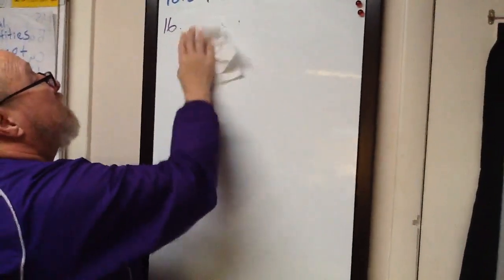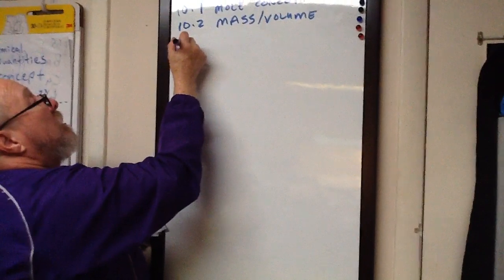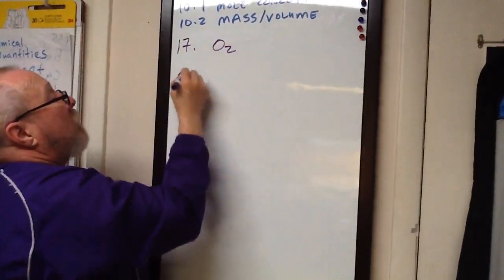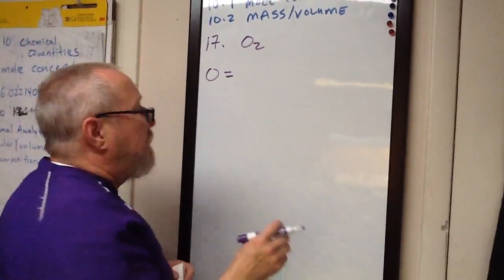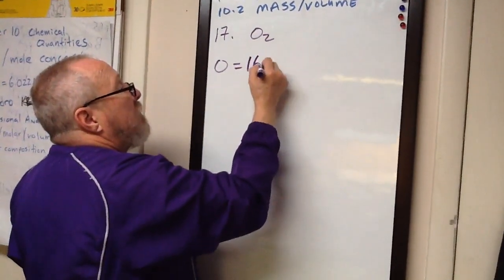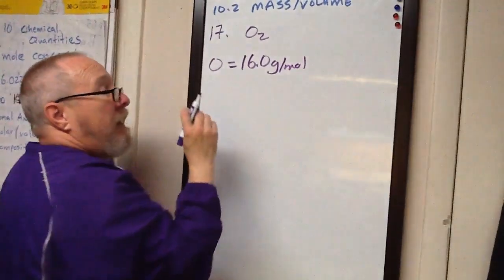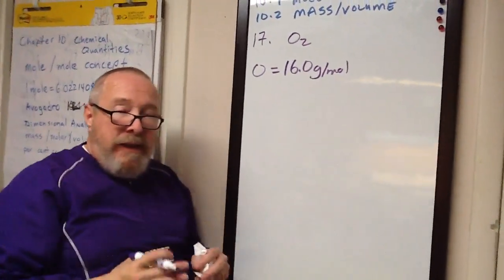So question 17 asks me, I have O2, oxygen is equal to 15.999 something, and if you simplify that, you will find it's 16.0 grams per mole, but I am dealing with molecular oxygen. It's group 6. It has 6 electrons.